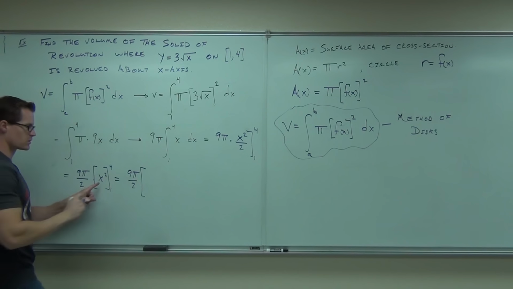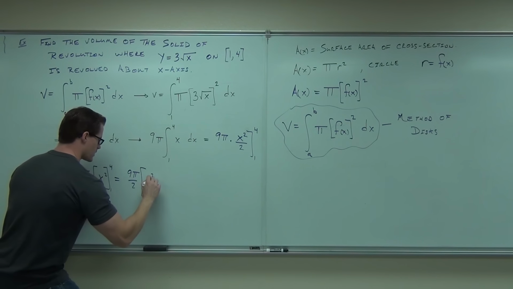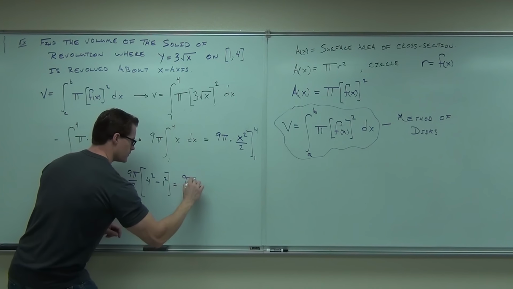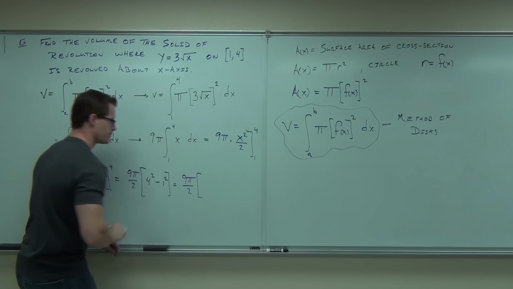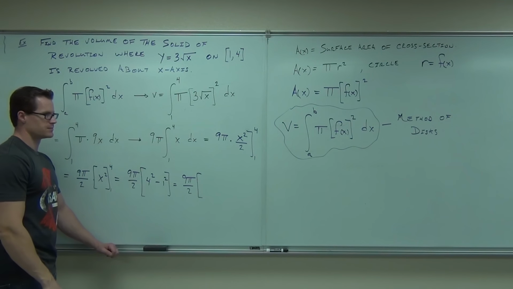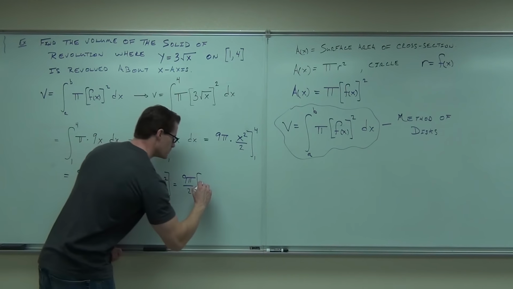But when you do, you're going to get 4 squared minus 1 squared. That's going to be 15.